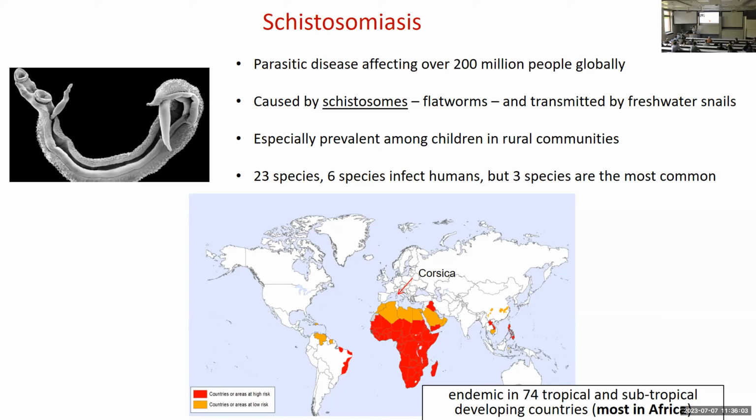It's present in 74 tropical countries, and a couple of years ago there was, in modern times, the first ever outbreak in Europe, in Corsica, the French island, where a few tourists contracted schistosomes by swimming in slow flowing rivers and lakes.